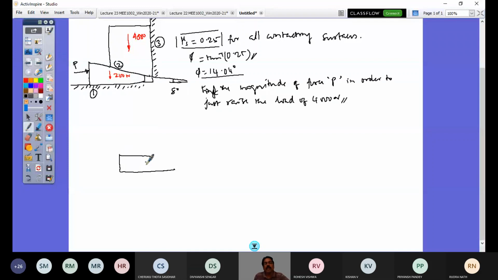So my wedge angle is 8 degrees. And then the load, I will just draw the load somewhere here.